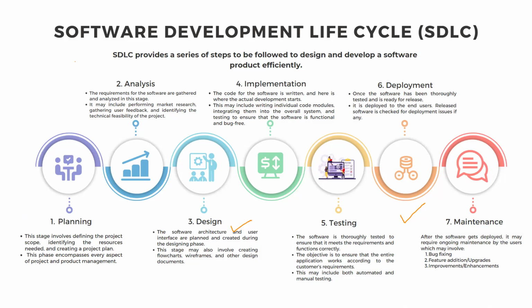And once this is done, then we go on to analyze the requirements of the software team, and whether this project that we are going to develop actually has a market or not, what the user feedback is, or we can also gather information from the user to identify whether the project has technical feasibility or not, and what improvements we can make.